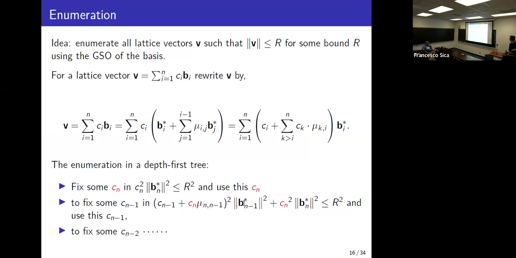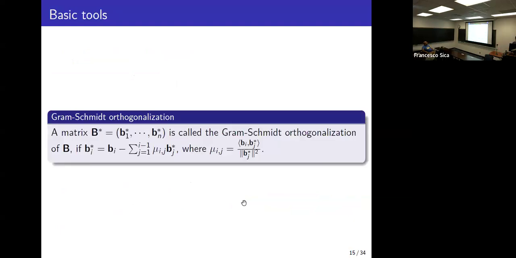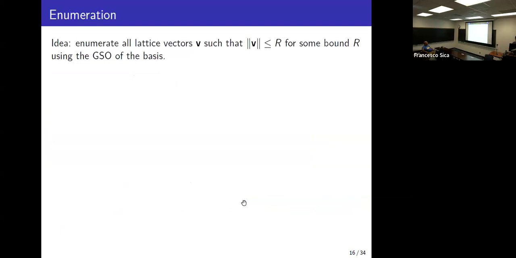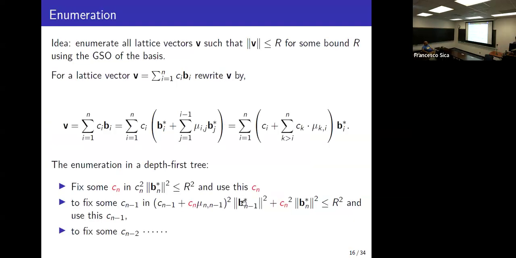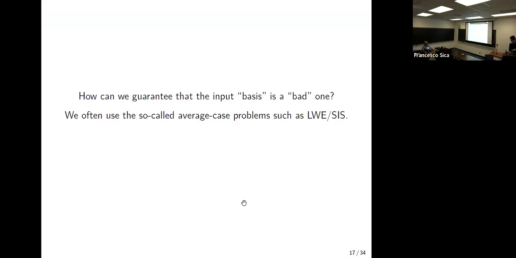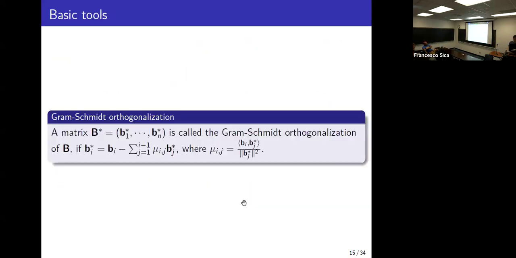Okay, that gives some idea of how to solve this SVP problem, right? So we introduce a problem, and then we consider some algorithm to do this. There is a further question. Remember the previous picture I showed you, where my input basis was really bad, right?